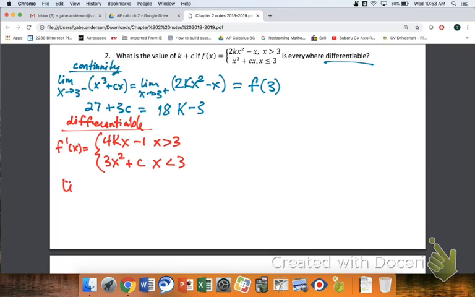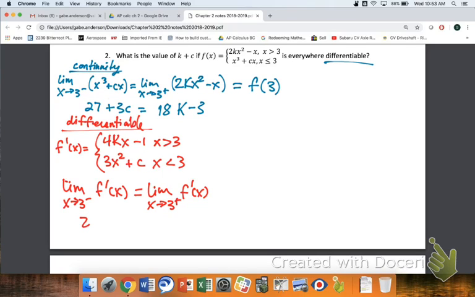So I'm going to write the limit as x approaches 3 from the left of f prime has to equal the limit as x approaches 3 from the right of f prime. So when I think about the actual rules for those two pieces, from the left is the parabola, the 3x squared plus c.